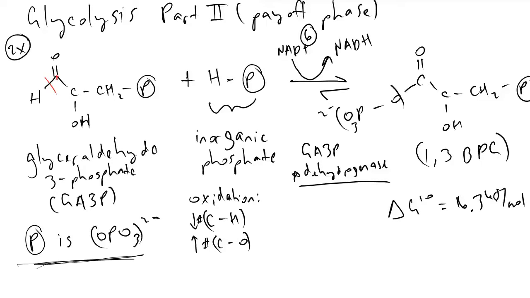And so what this tells us is that if we look at our equilibrium relationship here, or if we had this reaction occurring in a test tube and you were wondering what the concentrations would be relative to each other, having a positive delta G value is telling us that the left side of our equation as written will be favored a lot.